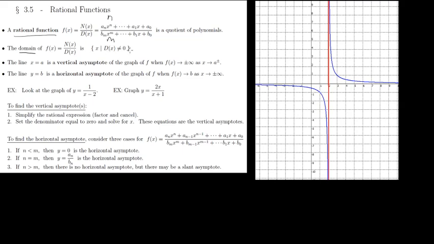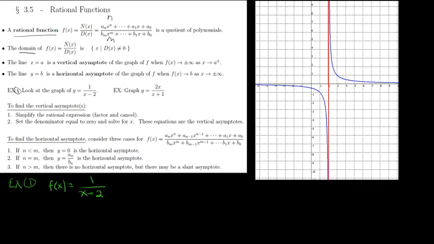So in our first example, I'll call this example 1, we have the function y, or f of x, equals 1 over x minus 2. I'll call it f of x, but it's the same as y.